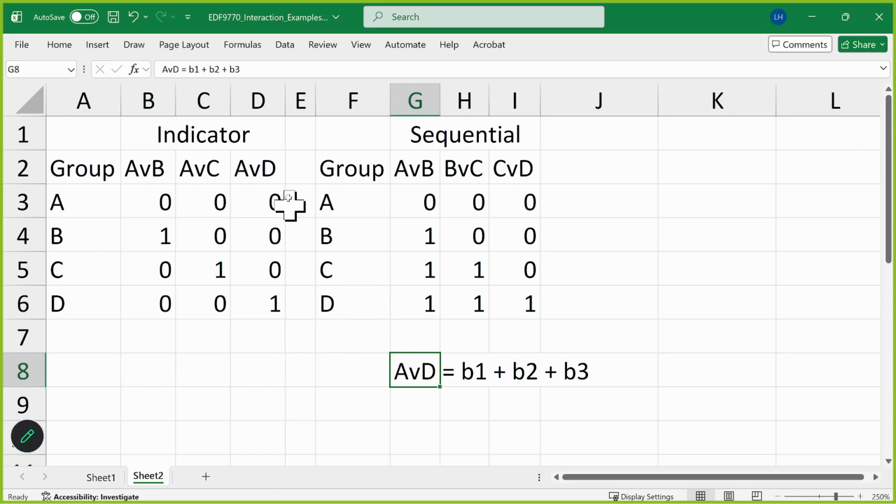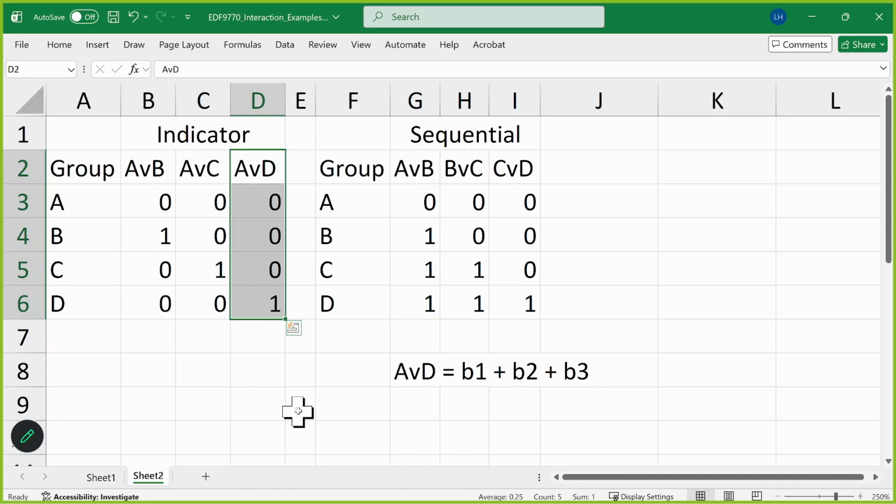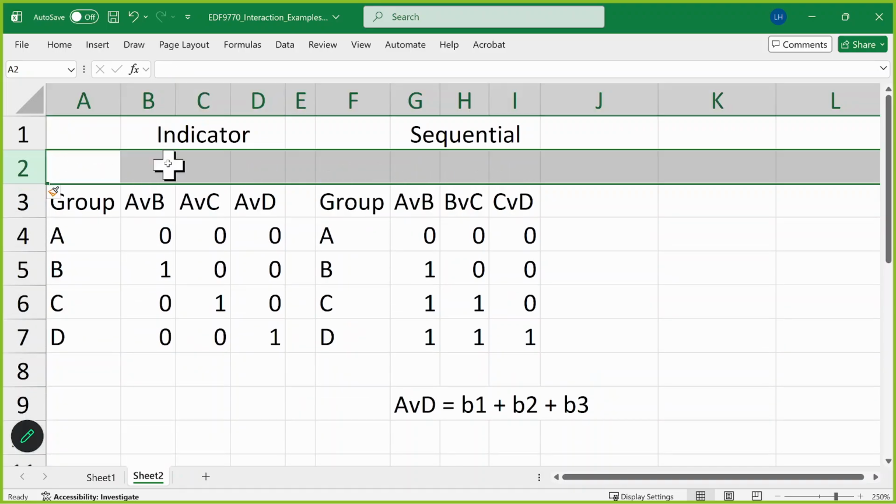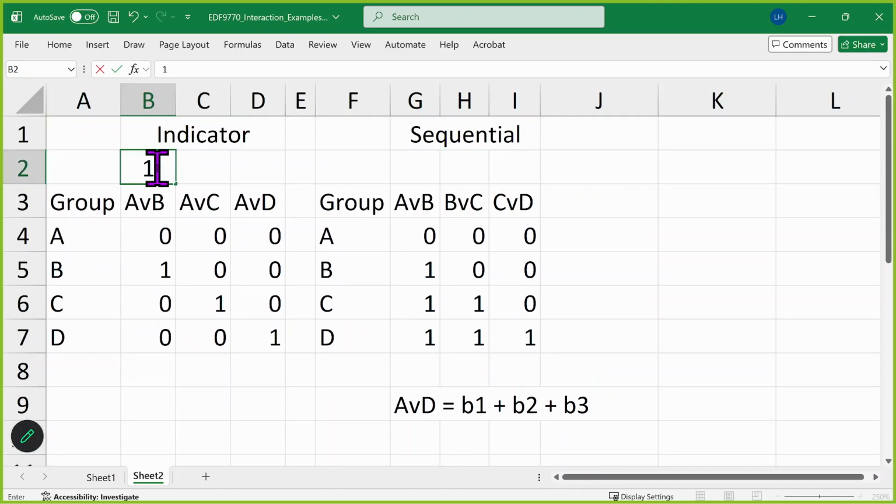Okay, so if I want A versus D, I get that directly right here in an indicator coding scheme, because it's whatever your reference group is relative to each other group as a separate entity. So let me put the labels of the slopes up here.